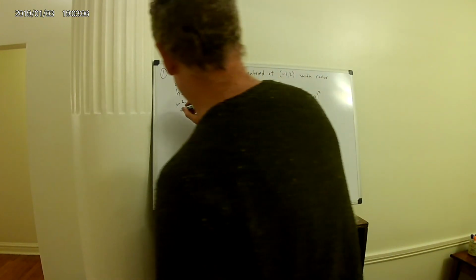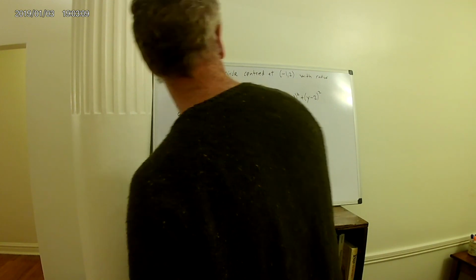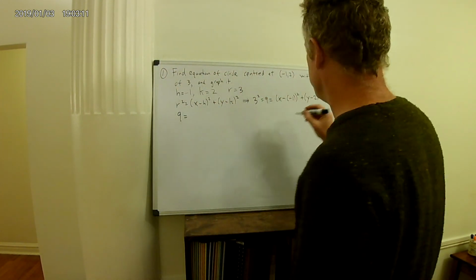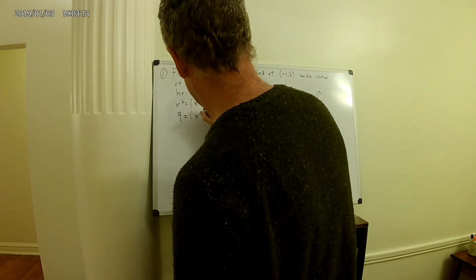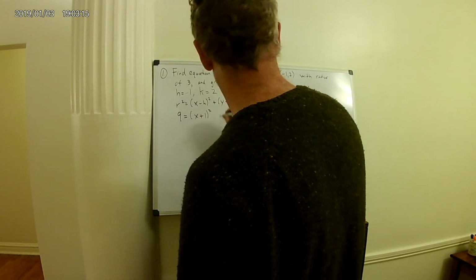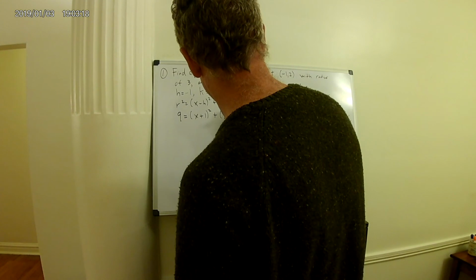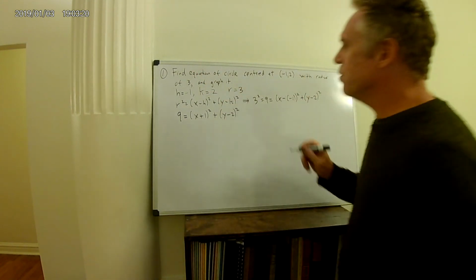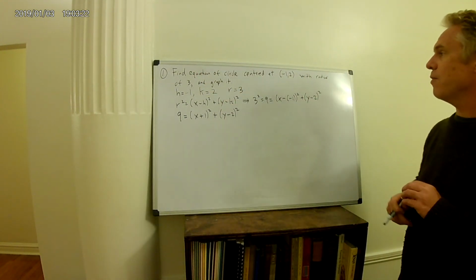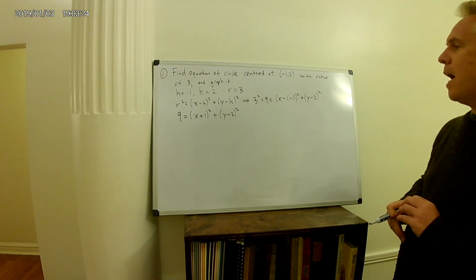And this leads us to the equation of our circle: 9 equals x minus -1, which is x plus 1, x plus 1 squared plus y minus 2 squared. So this is the equation of a circle that's centered at the point -1, 2 and has a radius of 3.